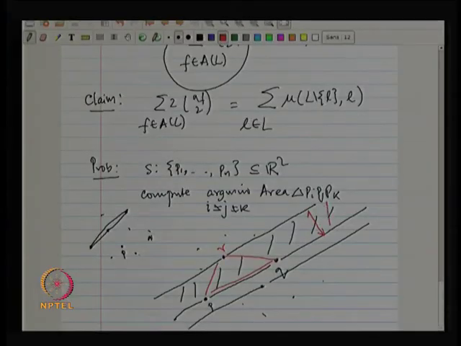The other thing you observe is that since the slope of PQ is fixed, instead of the perpendicular distance we can also sort the points by their vertical distances with respect to this line. The distances change, but the sorted order remains the same, because everything is multiplied by the same factor, the sine of theta, where theta is the slope.